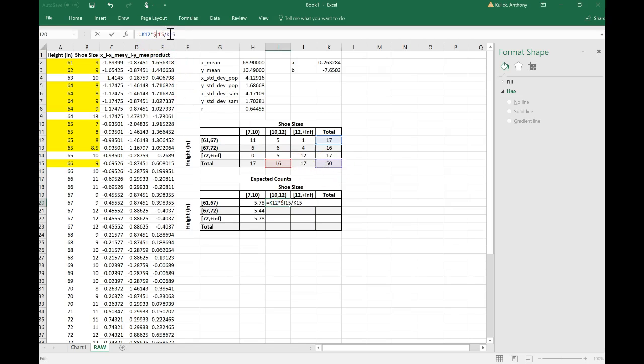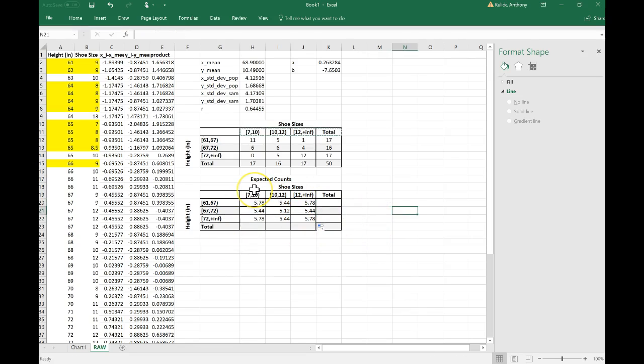And if I'm going to drag down, the column total and the divisor are going to stay the same, so we'll put dollar signs there. And I drag down. And then my last one, row total times column total divided by overall total. The column is going to stay the same, and the divisor stays the same. So do that. And I drag down.